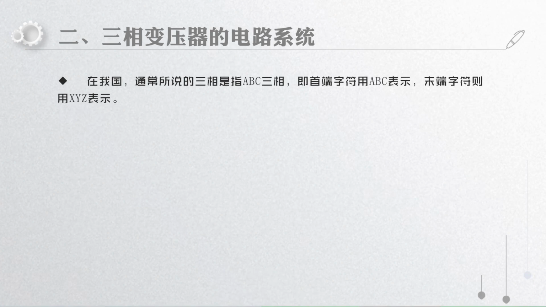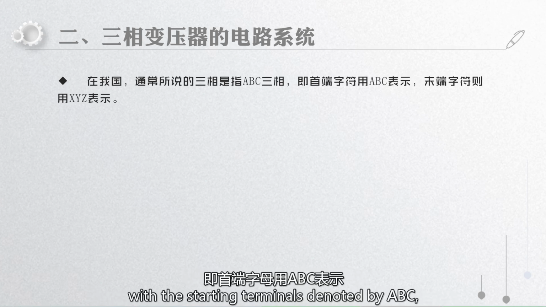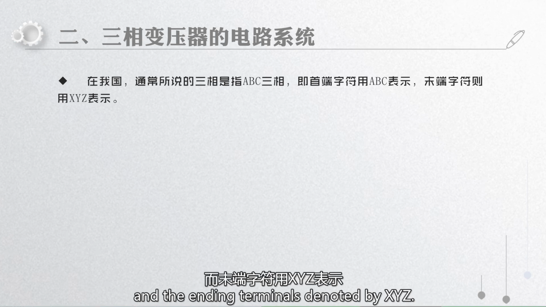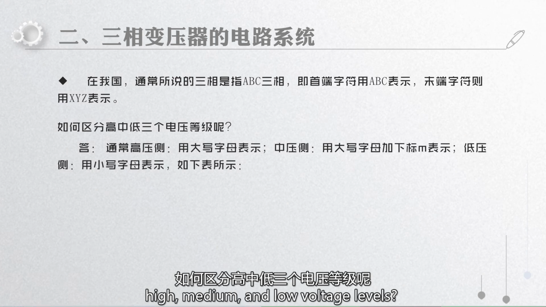In our country, the commonly referred to three phases are A, B, C phases, with the starting terminals denoted by A, B, C, and the ending terminals denoted by X, Y, Z. So, how do we distinguish between high, medium, and low voltage levels?